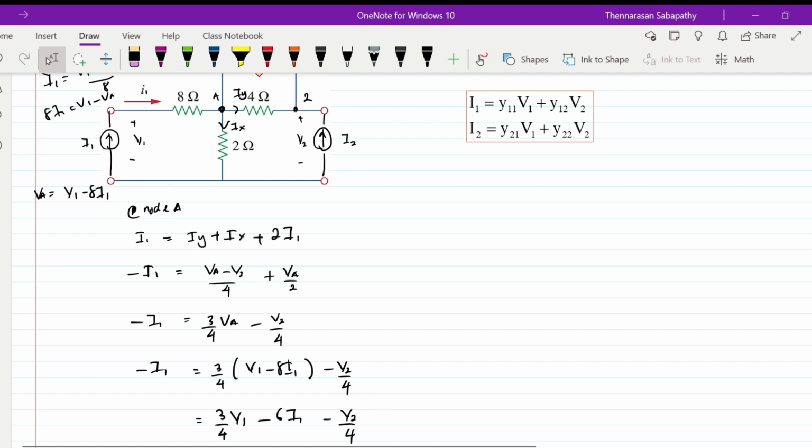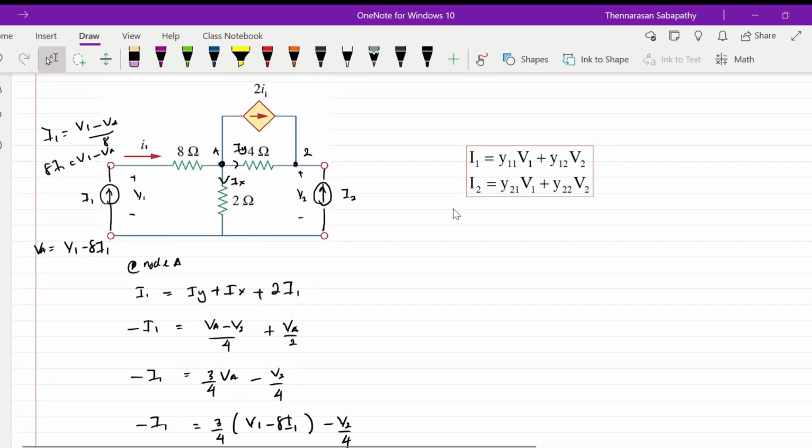At node 2, I'm going to start with another equation, because I believe the second node will produce the second equation. At node 2, I'm going to write the equation again. Iy plus 2I1 plus I2, only 3 currents here, all entering, so only one-sided equation equals 0.